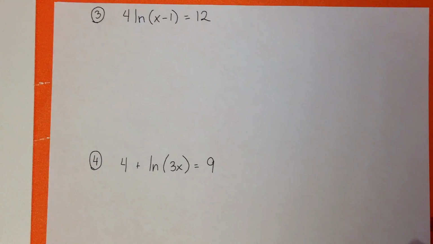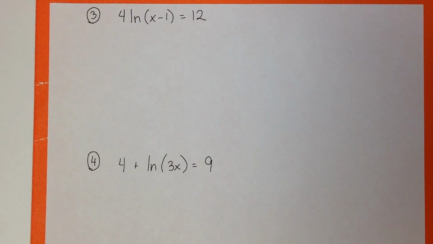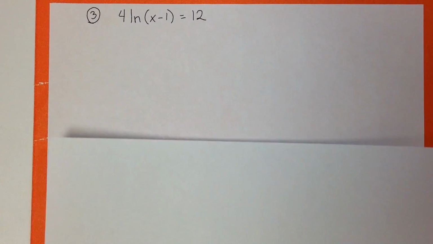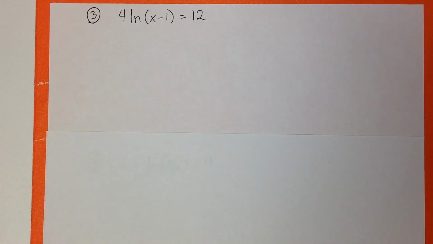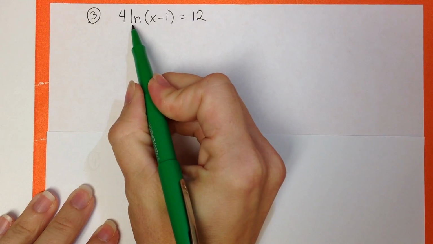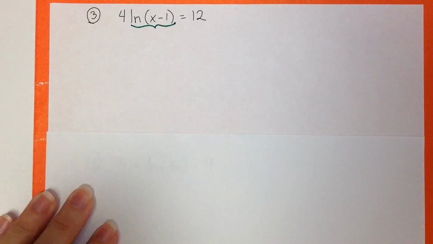Okay, the next couple of examples, instead of having log, we're going to be looking at problems that have ln instead. But we're going to follow the same process. Again, step one, you want to have that single log on one side by itself. Now, this one, though, I've got to do some work to make that happen, because your log is just this part right here.